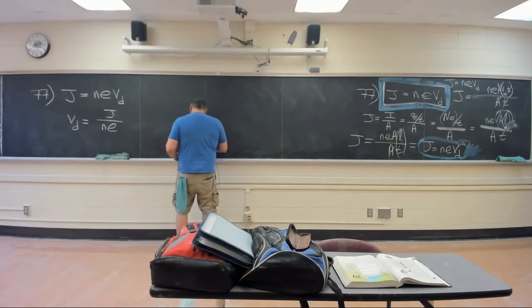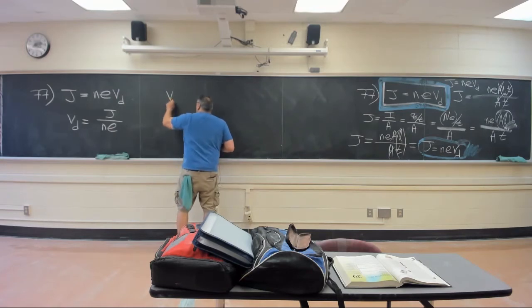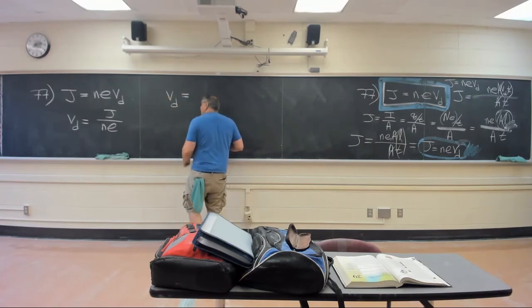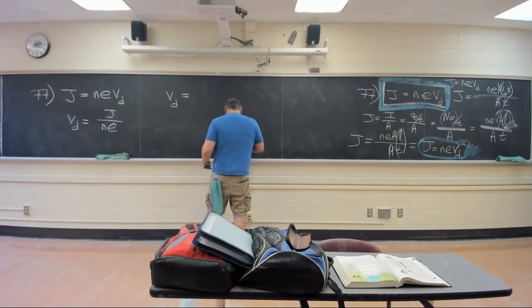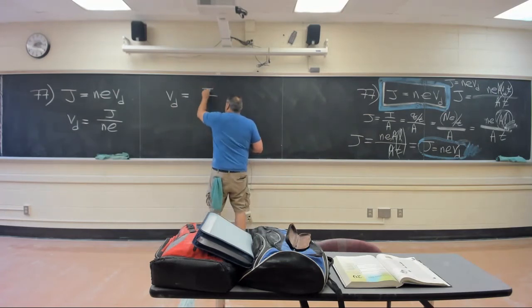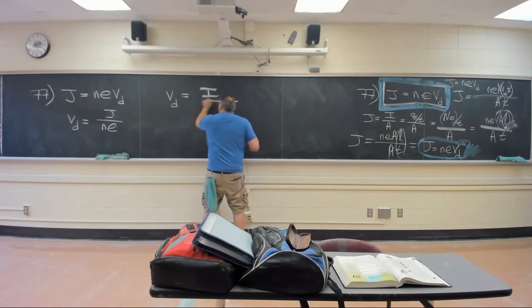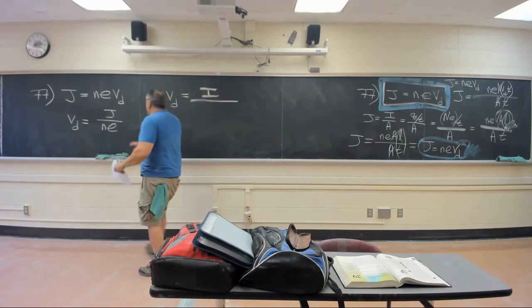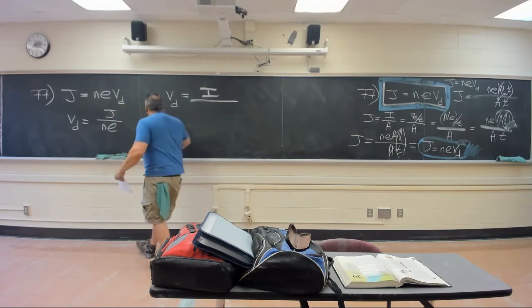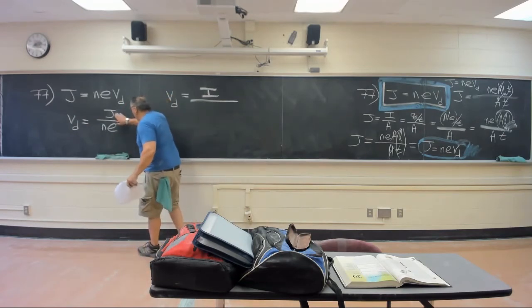What does that mean? It means what we know. V sub D equals J over N E. Isn't J equal to I over A?